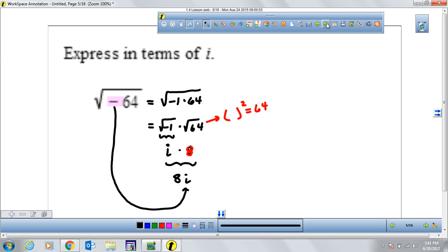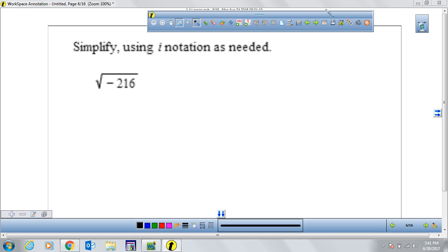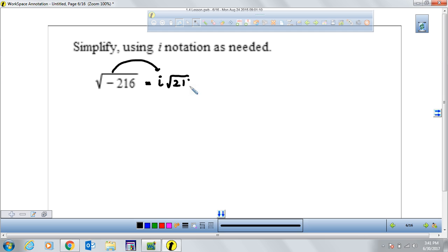Let's go ahead and discuss the next problem, which is very similar. We're going to simplify this expression using i notation as needed. We got the square root of -216. Now, for this one, it's going to be the same deal. That negative, I'm just going to say that is going to be i times the square root of 216.